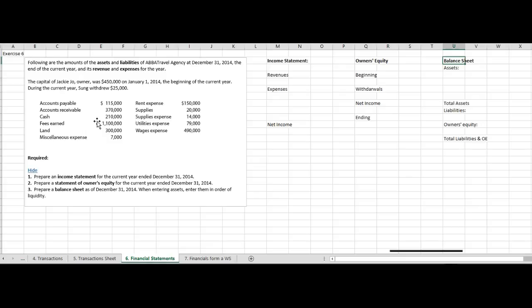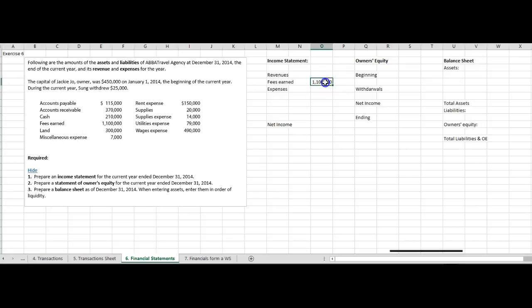So you have fees earned here of $1,100,000.